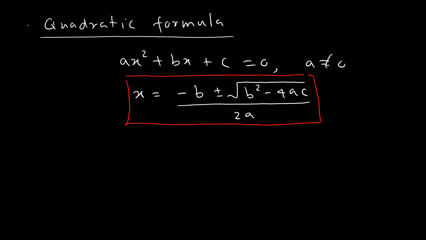So let's start with a simple problem. Let's say x squared minus 5x plus 5 equals 0. See whether you can just use factoring for this one. This is a minus, plus problem.